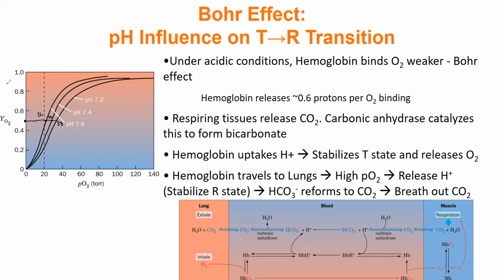Now, let's understand the reason for that. Why is that a thing, just speaking about how the body works? So we're going to go down to our little image down here and talk about what's happening. When your muscles are working, one of the byproducts of glycolysis and the citric acid cycle is carbon dioxide.